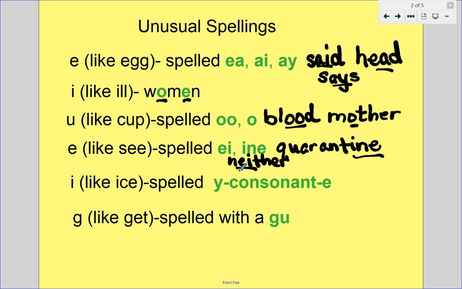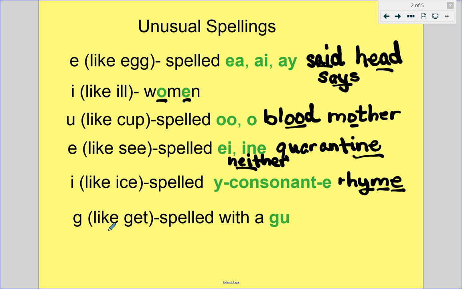And then we have a special spelling with the I sound, like an ice, and it's spelled with a Y consonant E instead of an I consonant E. So this time it's going to be a Y consonant E, like in the word rhyme. Y consonant E, and that's going to give us that long I sound.